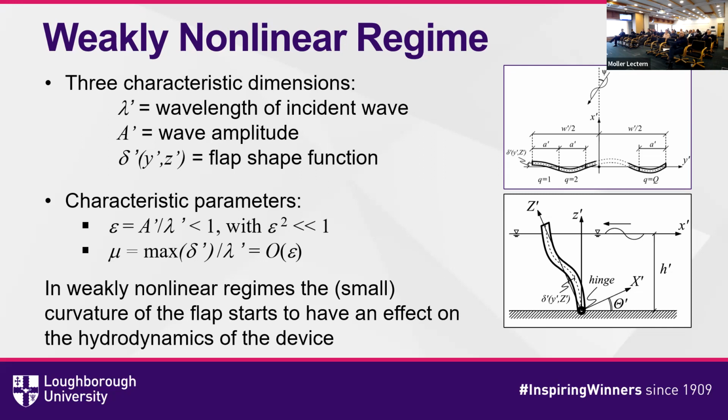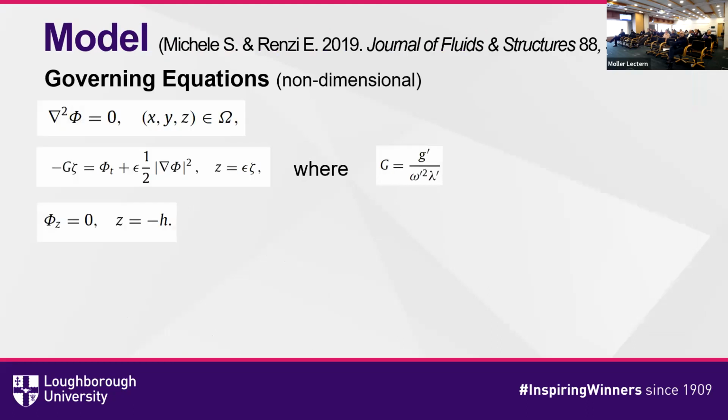And we will see that in weakly nonlinear regimes, this deviation, this curvature of the flap, will have an influence on the power output of the device, which doesn't happen in the linear case. So here are our governing equations. This is the reference that we published 3 years ago now with my postdoc.